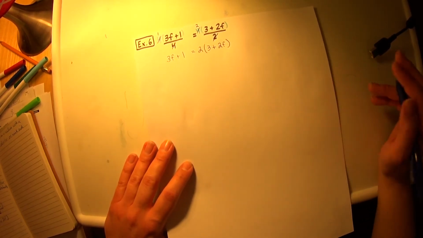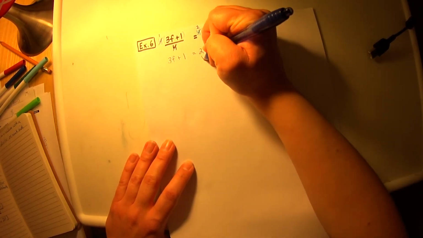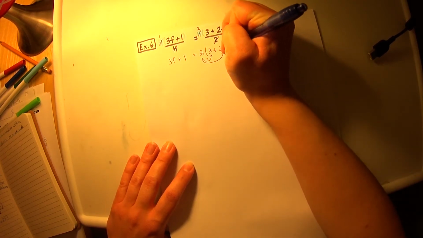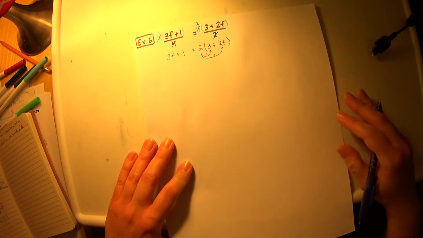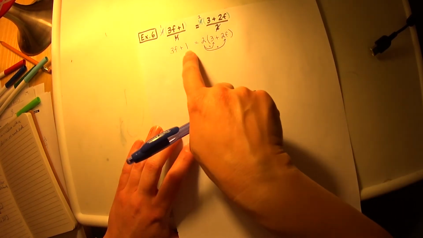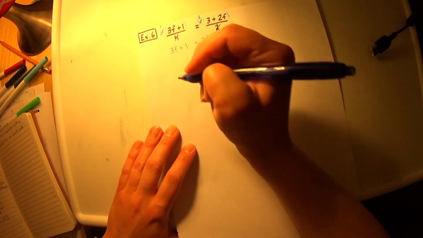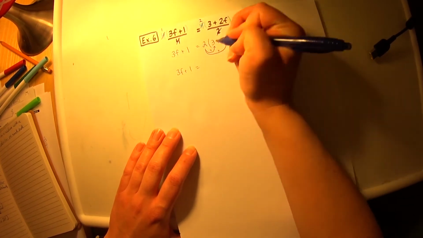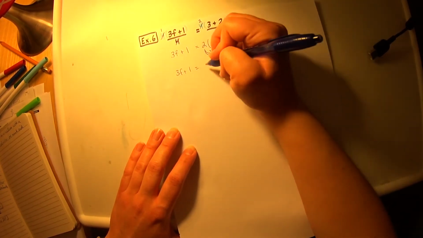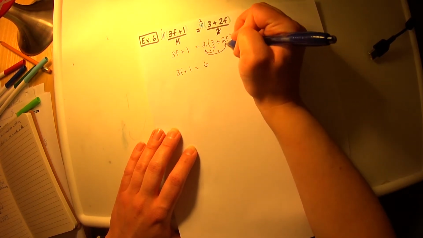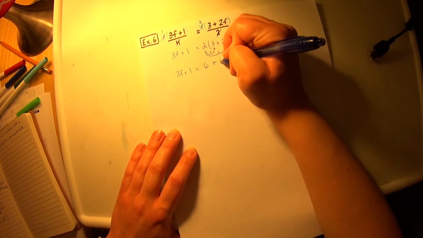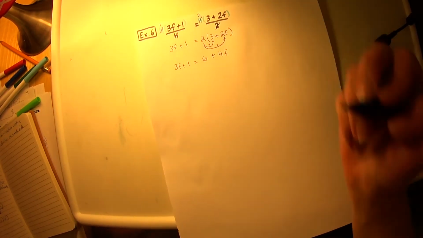From there, I'm going to apply my distributive property for any numerical coefficients that I still have left. Here, because it was a 1, I don't have to worry about it. But on the other side I do. So 2 times 3 gives me 6. 2 times positive 2f, still a positive, gives me 4f.